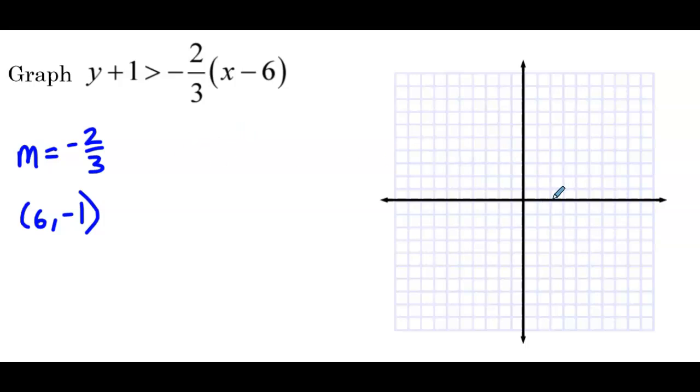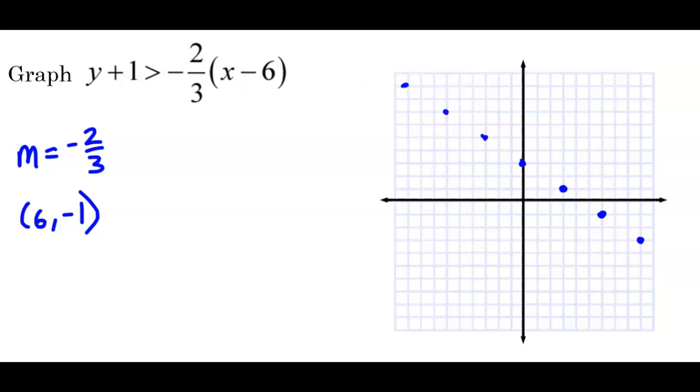So we'll plot the point 1, 2, 3, 4, 5, 6, negative 1, and plot a slope of negative 2/3, so down 2 to the right 3, and in the other direction up 2 to the left 3, repeating for more points.